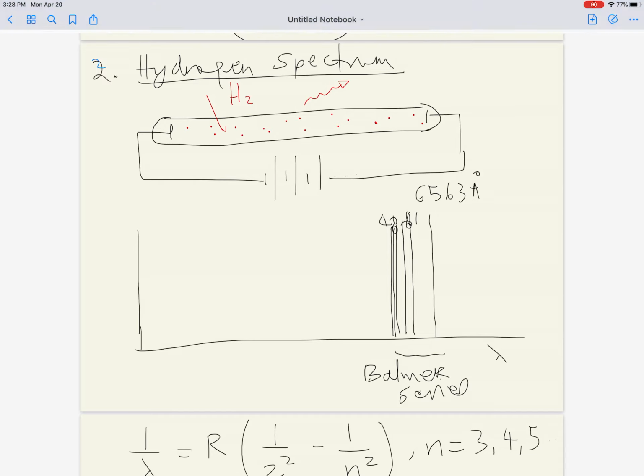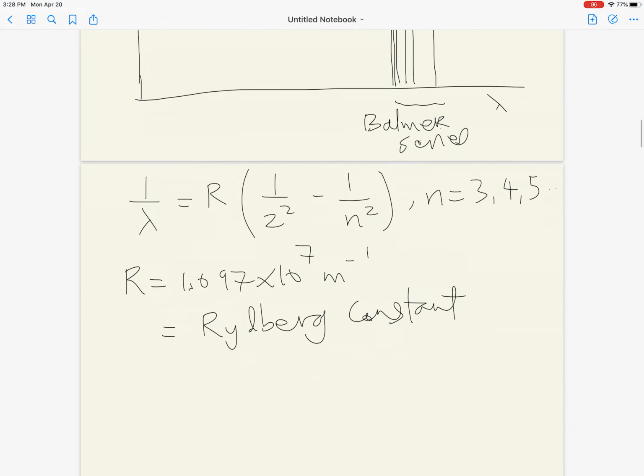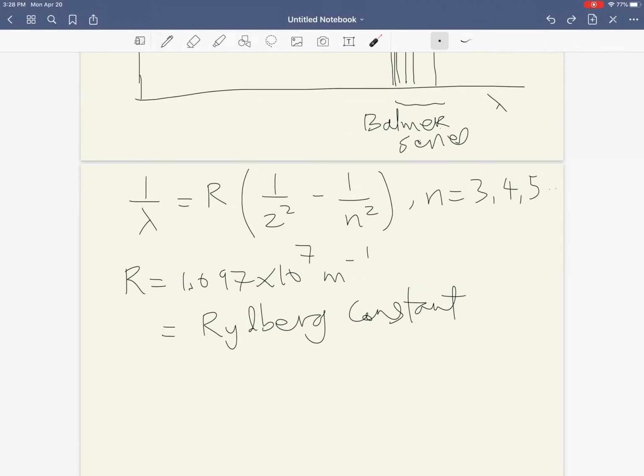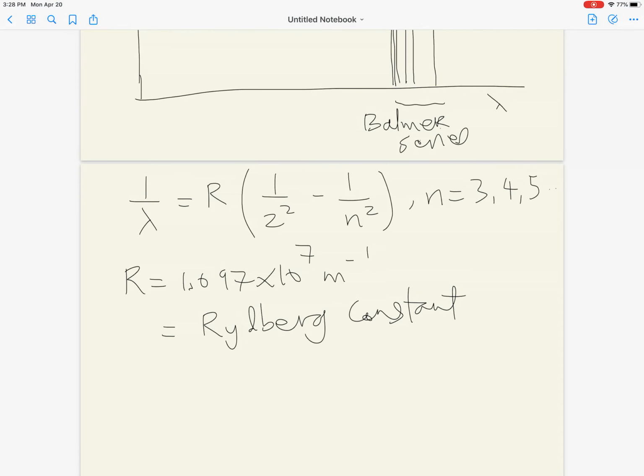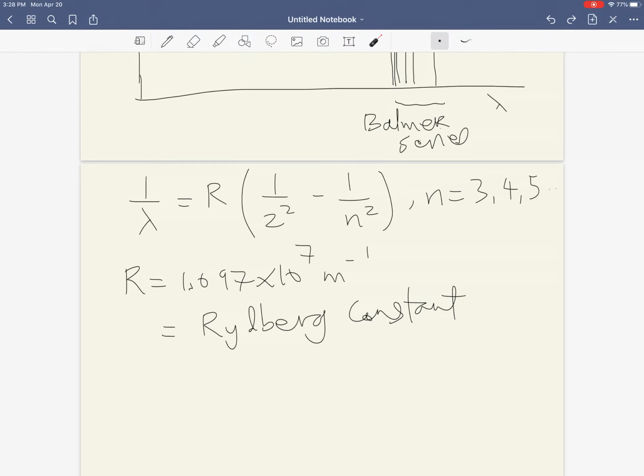They call it the Balmer series because this scientist came up with a mathematical formula which completely reproduced the wavelengths of hydrogen. That formula goes as 1 over lambda equals R times (1 over 2 squared minus 1 over n squared), where n takes on the values 3, 4, 5, 6, and so on.